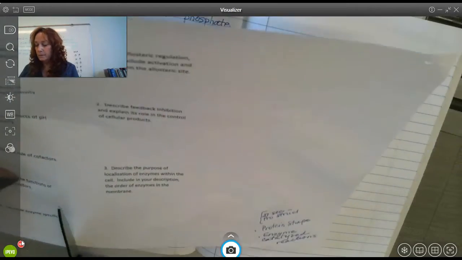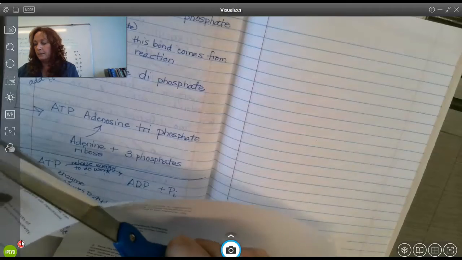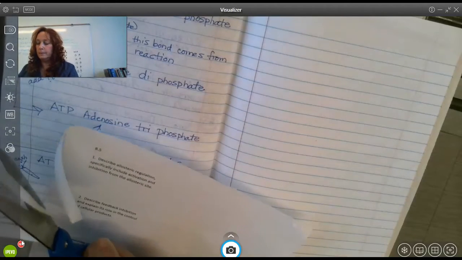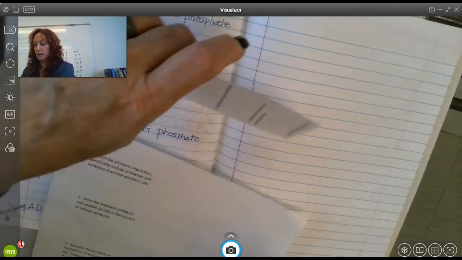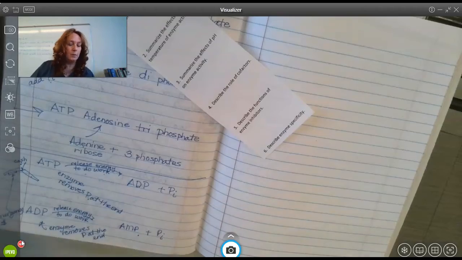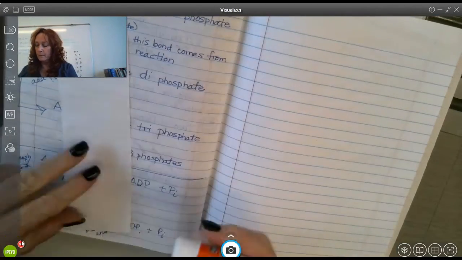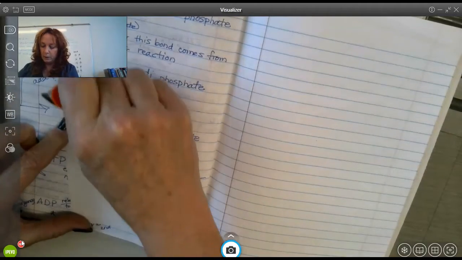Last page. So we are on 8.4, and 8.4 is primarily, totally about enzymes. So we'll probably spend a little bit of time making sure we're comfortable with what enzymes are and what they do.